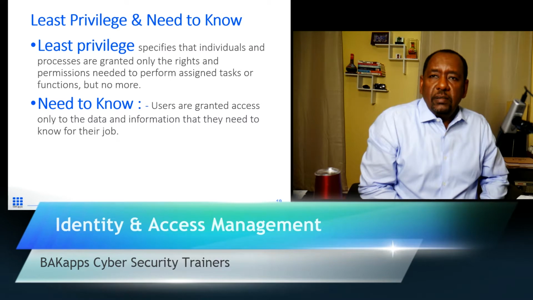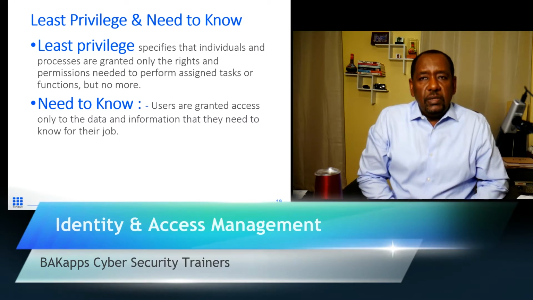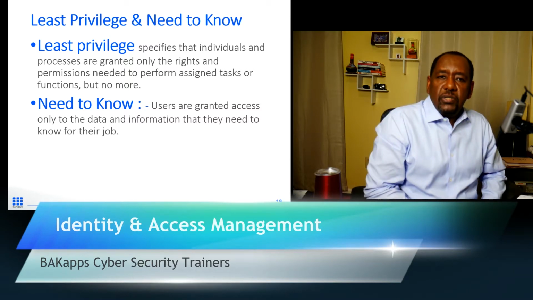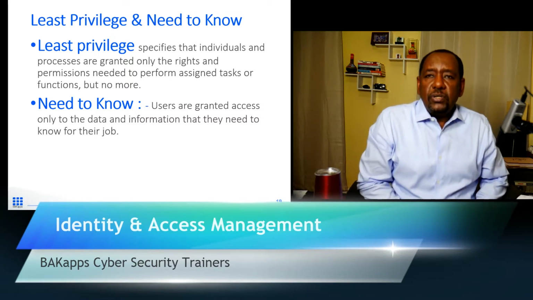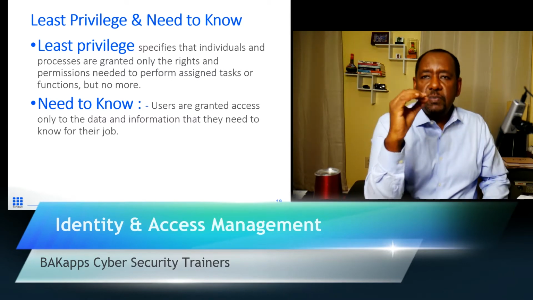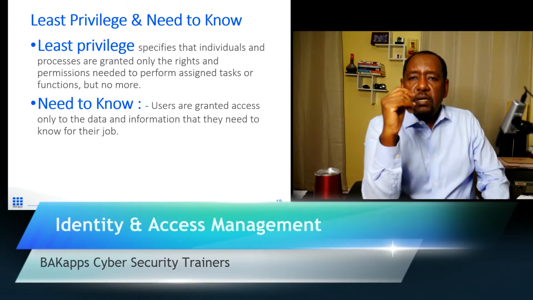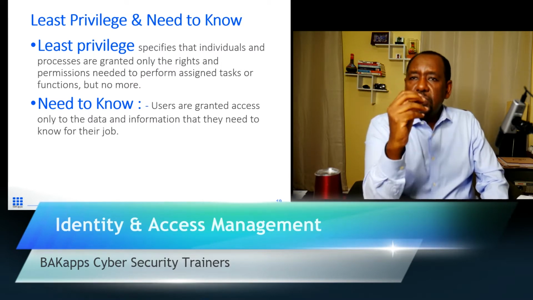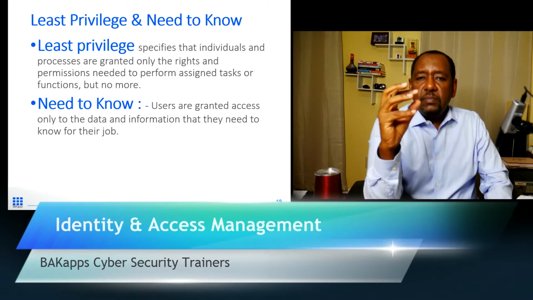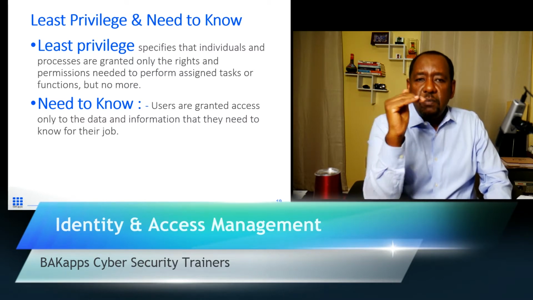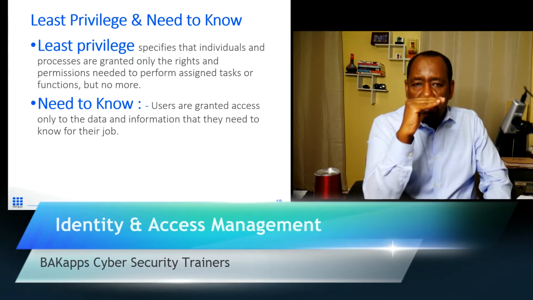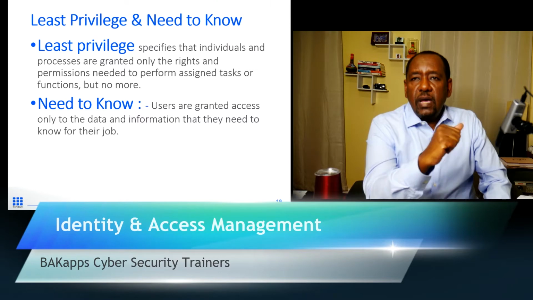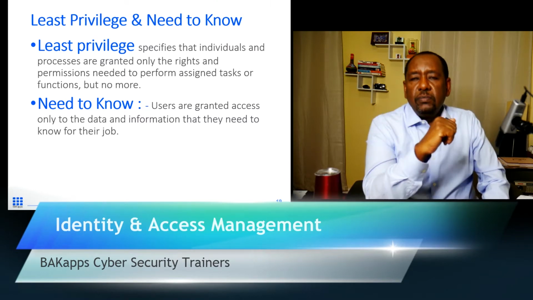Then we need to look into 2 important concepts about authentication: least privilege and need to know. Least privilege specifies that individuals, let's say a user, and processes are granted only the rights and permissions needed to perform the assigned tasks.